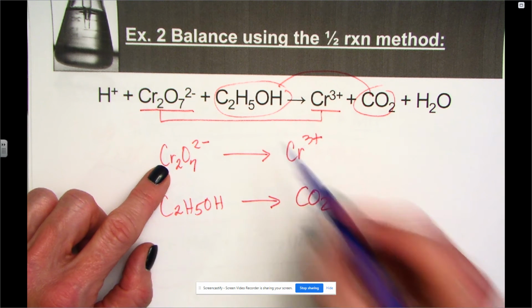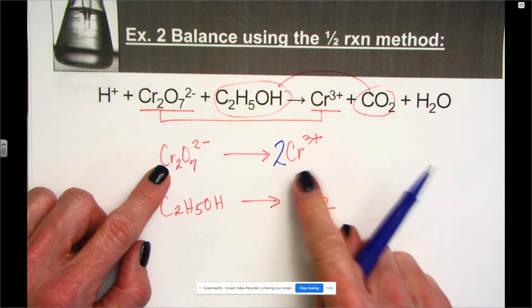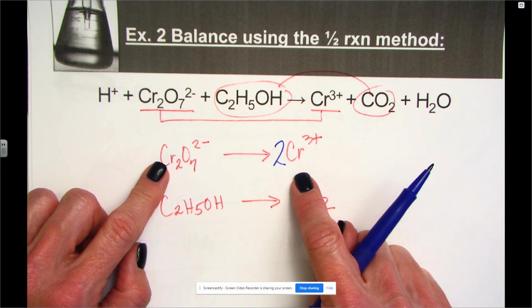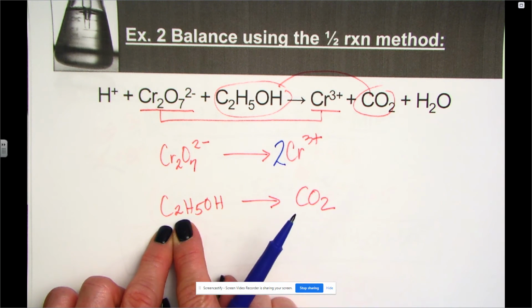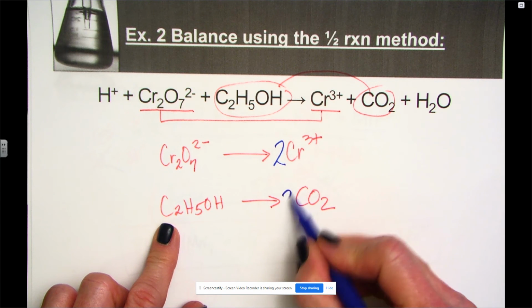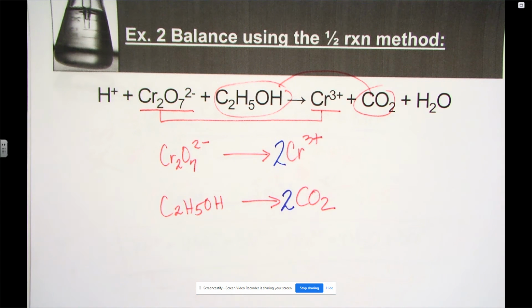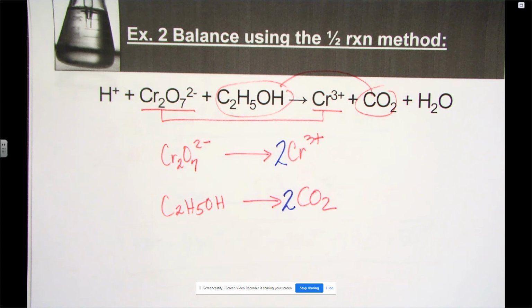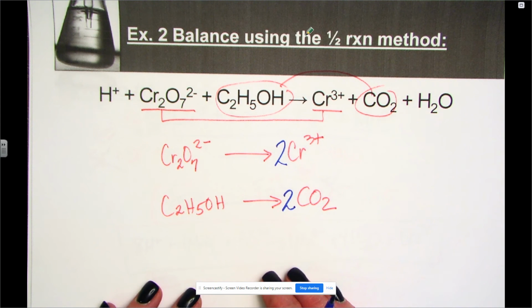So I have two chromiums here, so I'm going to put a 2. That gives me two chromiums on each side. I've got one carbon here, two carbons here and one carbon here, so I'm going to put a coefficient of 2 here to give me 2 carbons there. So that balances my carbons and my chromiums.